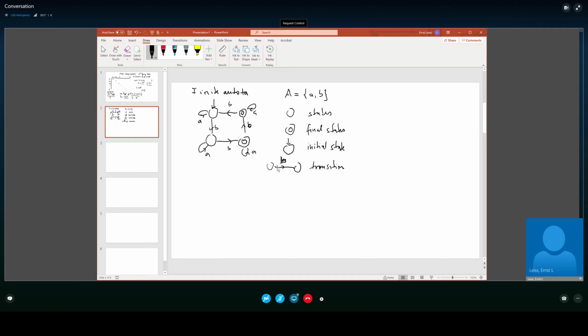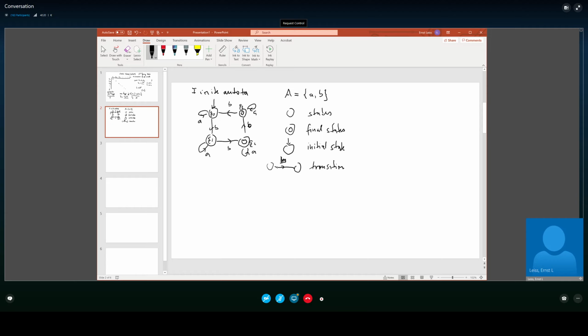Now, the initial state obviously suggests that that's where we start our game. Let me call this Q0, and this is Q1, and this is Q2, and this is Q3.